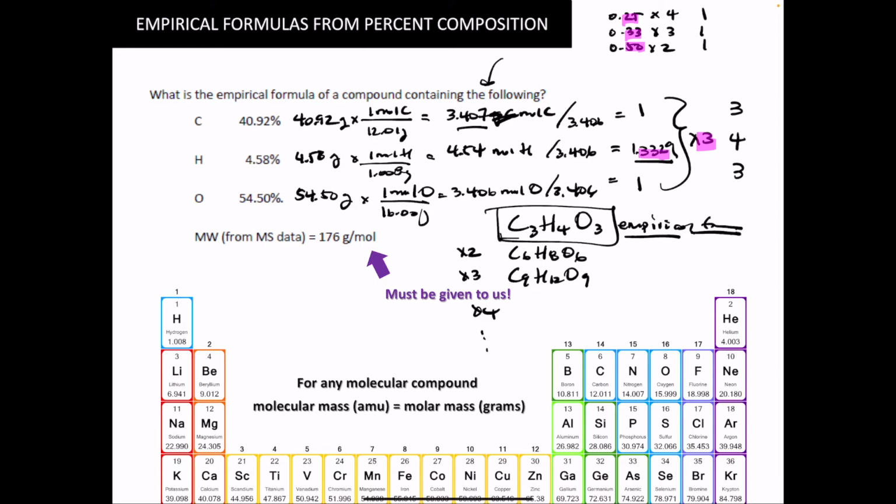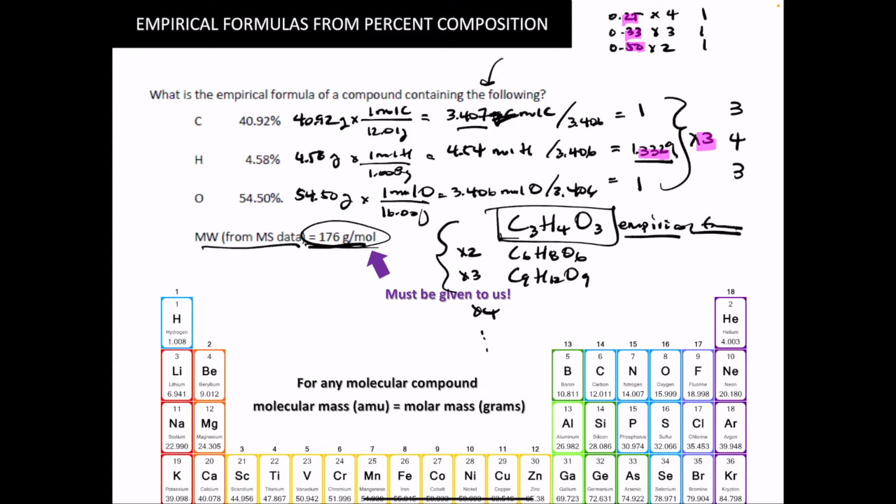In this problem, we're given the molar mass of the compound, right? So it's just given to you. I'm going to show you how it's figured out, but in a problem that you're doing this, you're just told what it is. If the molar mass is 176 grams per mole, then we can figure out which of these multiples is true.